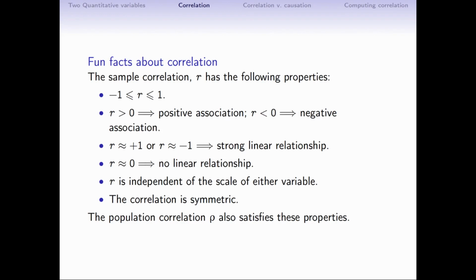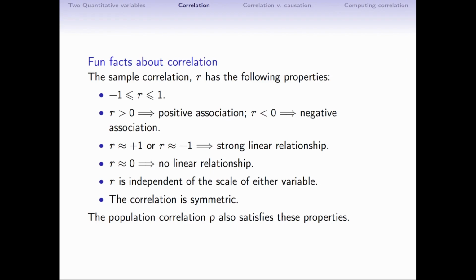The final bullet point here is that the correlation is symmetric. So when I talk about the correlation between the average mercury level and the pH in the lakes of Florida, that's the same thing as saying the correlation between the pH and the average mercury level of the lakes in Florida. Another way of thinking about it is it doesn't matter which variable is sitting on the x-axis and which variable is sitting on the y-axis of the scatter plot.